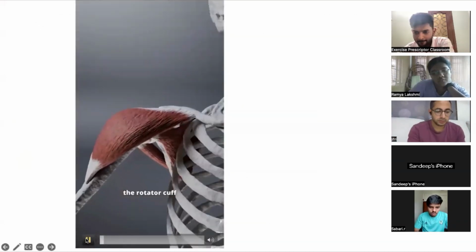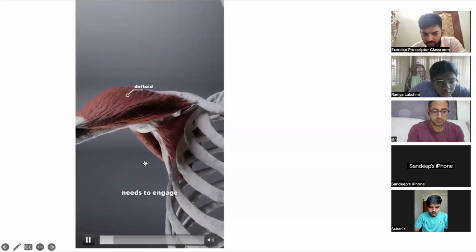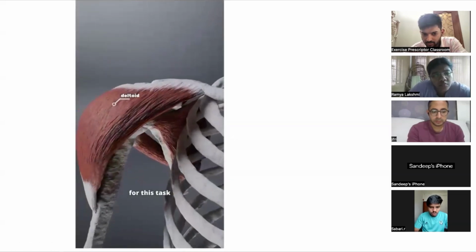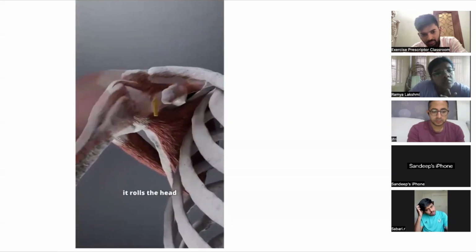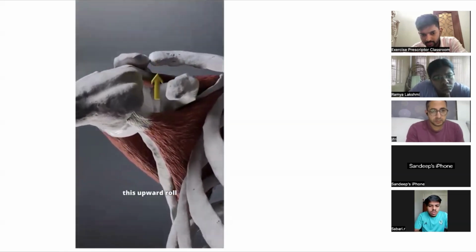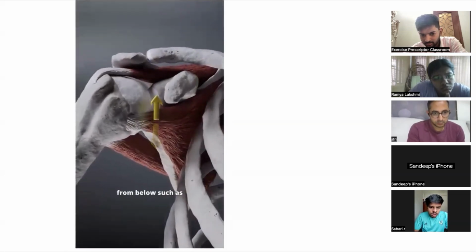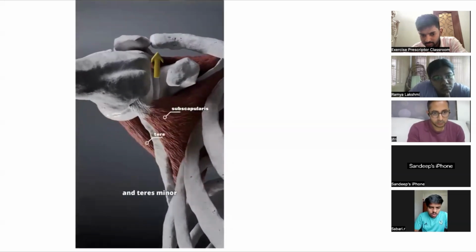Why does the rotator cuff get injured? To raise your arm, the deltoid muscle needs to engage. It's well suited for this task, but as it works, it rolls the head of the humerus upward. In a healthy shoulder, this upward roll is balanced by muscles that insert near the head of the humerus from below, such as the subscapularis and teres minor.